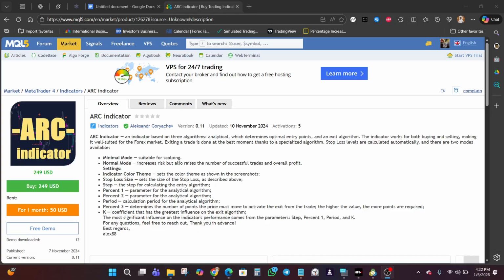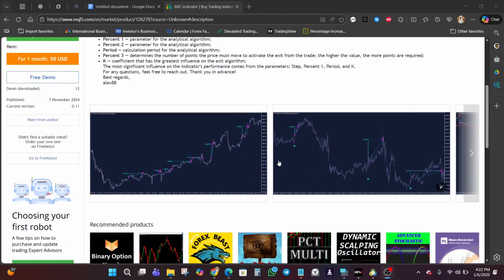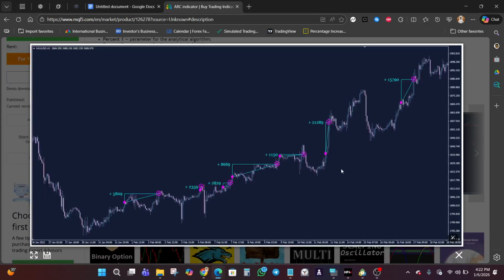Basically, this indicator is based on three algorithms, as you can see here in the description: the analytical, which determines optimal entry points, and an exit algorithm. It works for both buying and selling, making it well suited for the forex market. This is how the indicator looks. You can see that the indicator gives you precise points of interest, important points that you can consider when you want to execute a trade.